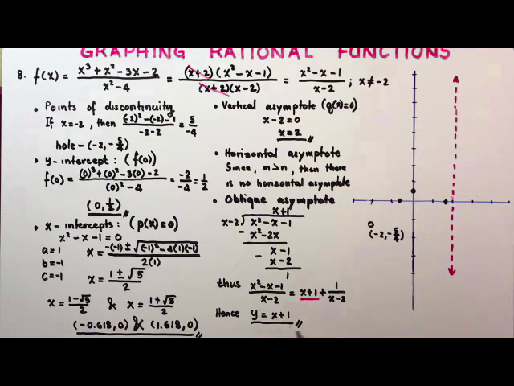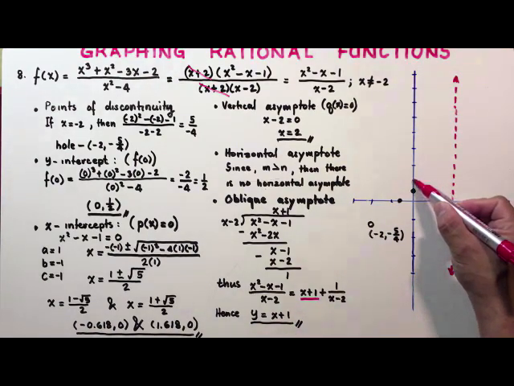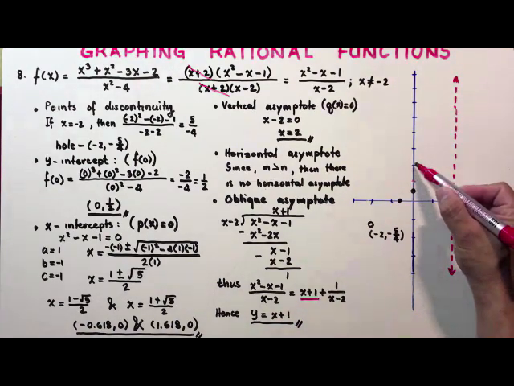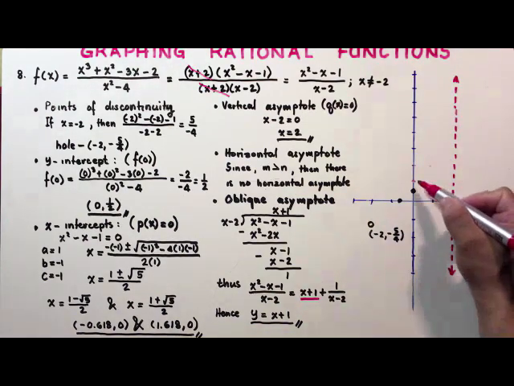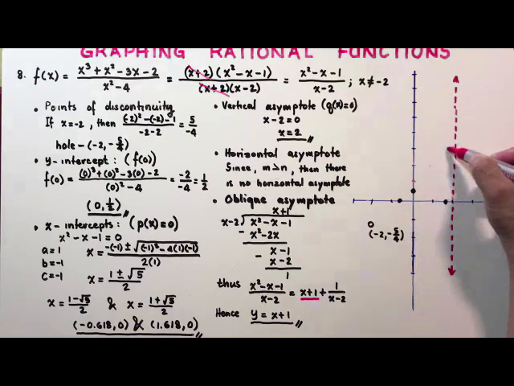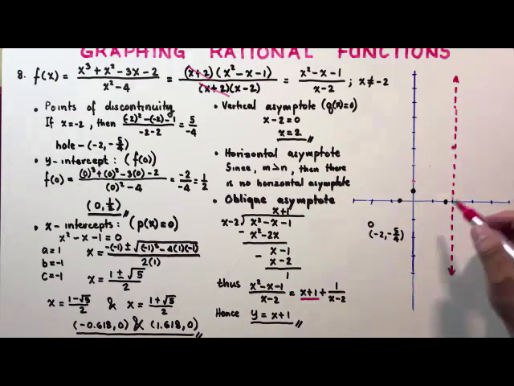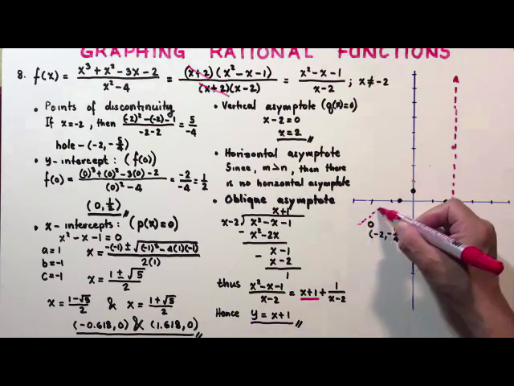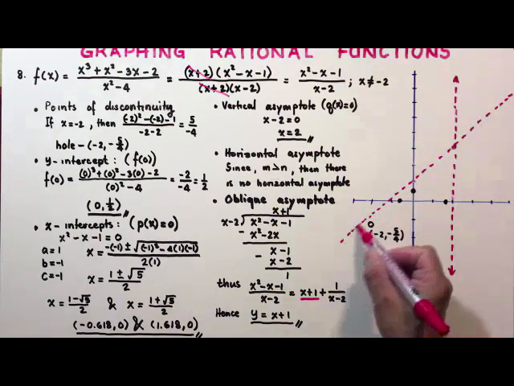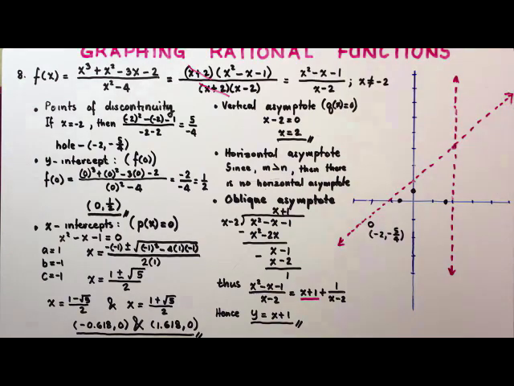So our y-intercept is 1 here, but our slope is 1, so you may rise 1 and run 1, or you may rise 2 and run 2 here. So connecting these points, this is our oblique asymptote for the graph.